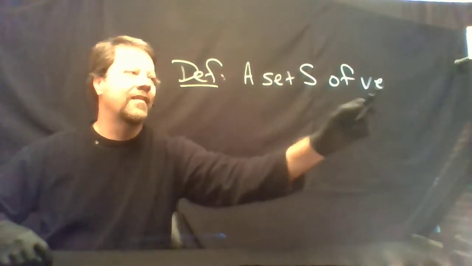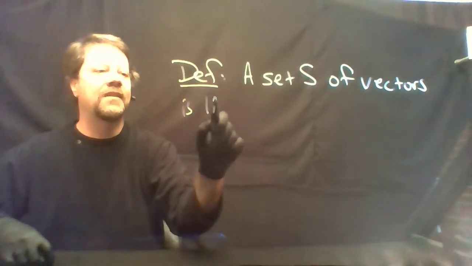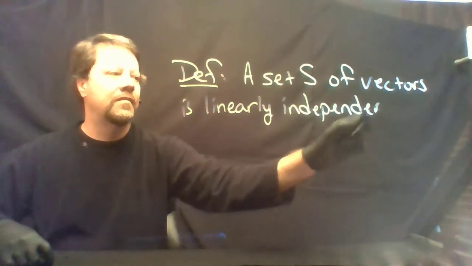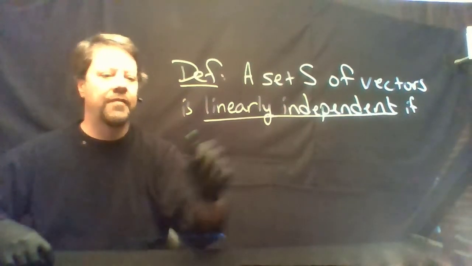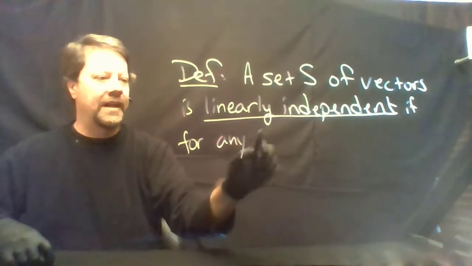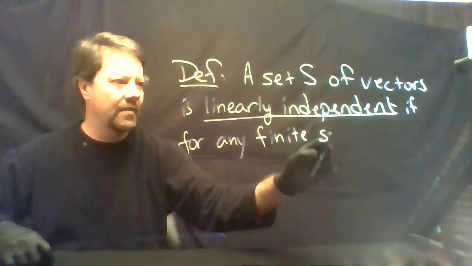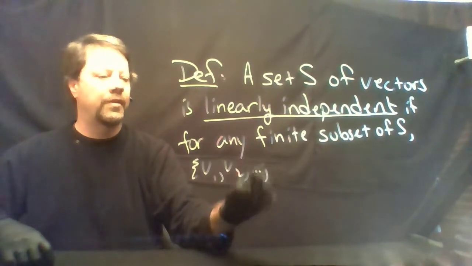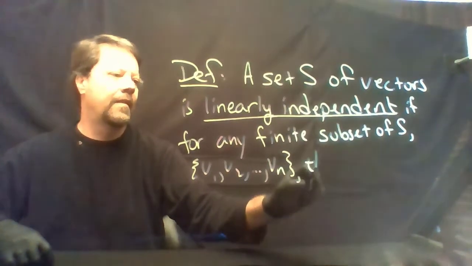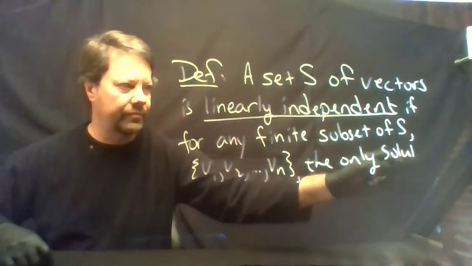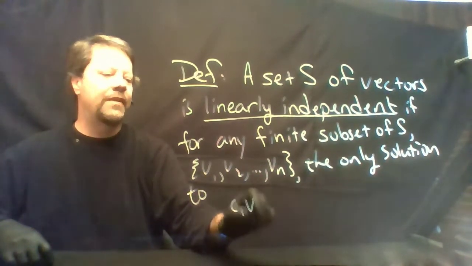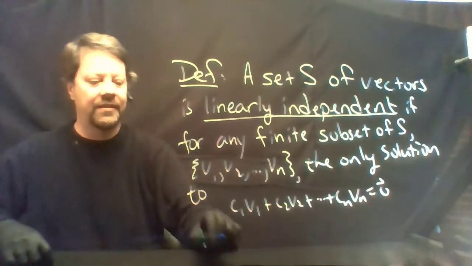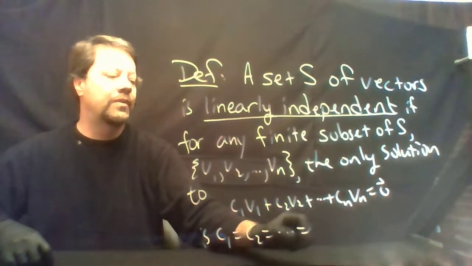A set S of vectors is linearly independent if for any finite subset of S, V1, V2 through Vn, the only solution to C1V1 plus C2V2 plus CnVn equals the zero vector is all of the coefficients equal to 0.